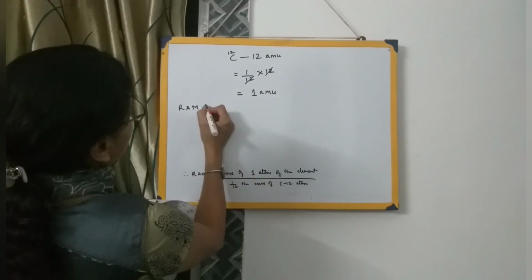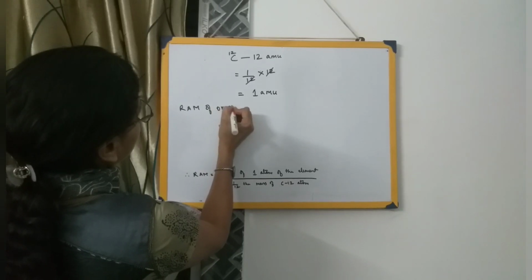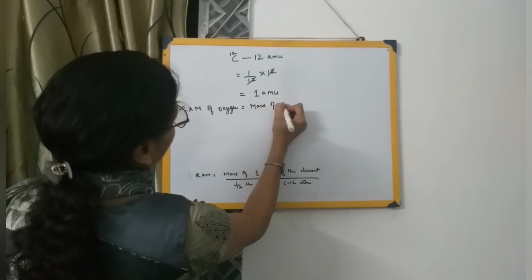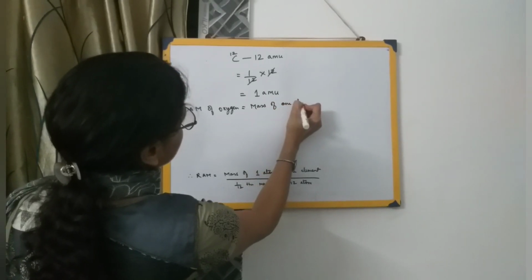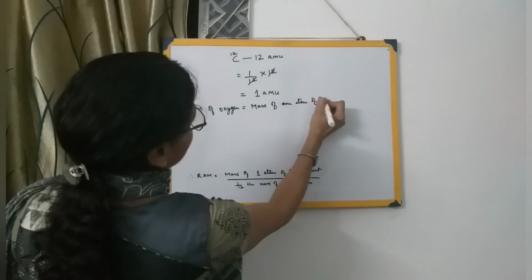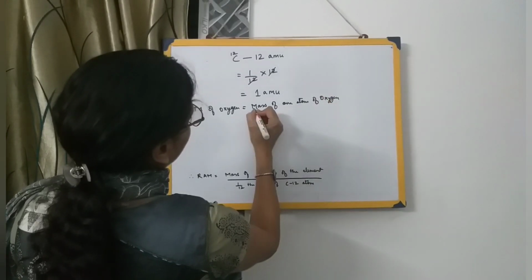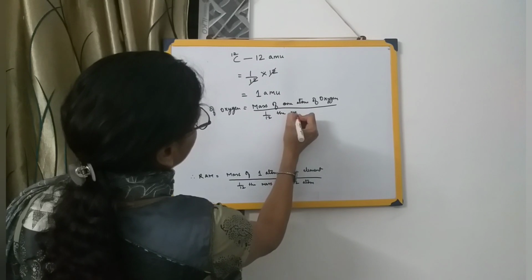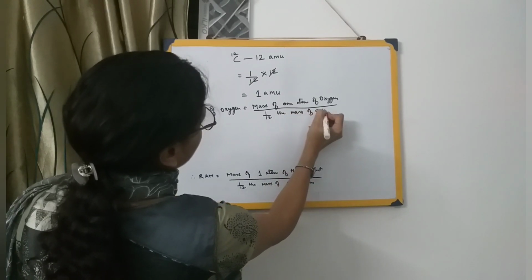Relative atomic mass of oxygen, for example. So this will be what? Mass of one atom of oxygen upon 1 by 12th the mass of carbon 12.